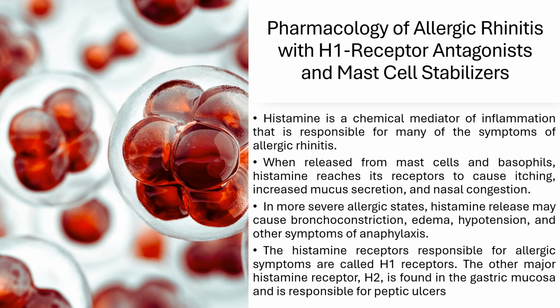Some antihistamines produce more pronounced anticholinergic effects than others. Diphenhydramine and clemastine produce the greatest incidence of anticholinergic side effects, whereas the second-generation drugs, loratadine, desloratadine, and fexofenadine, produce the least.